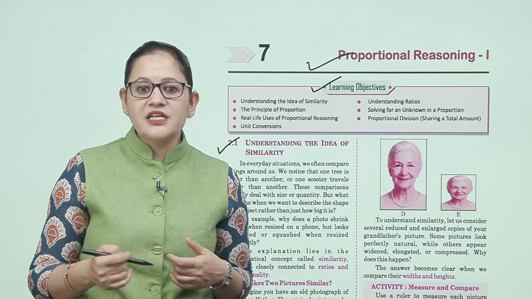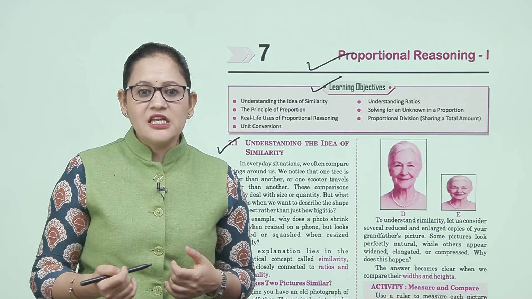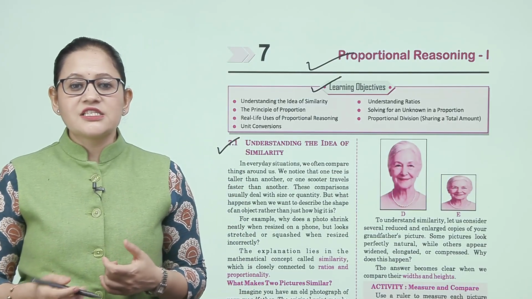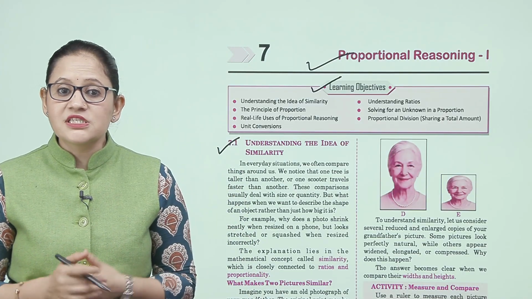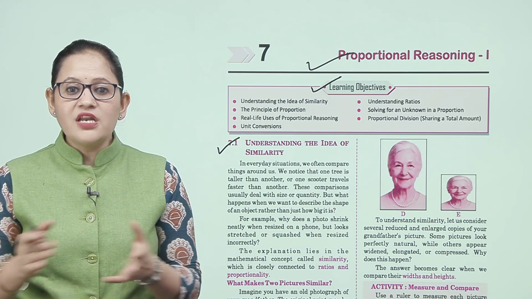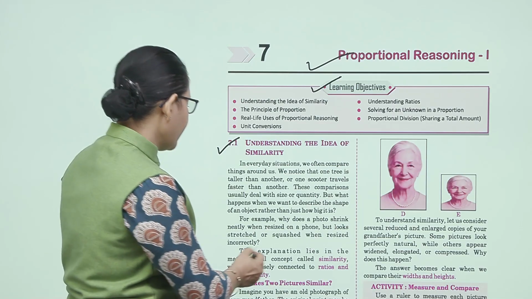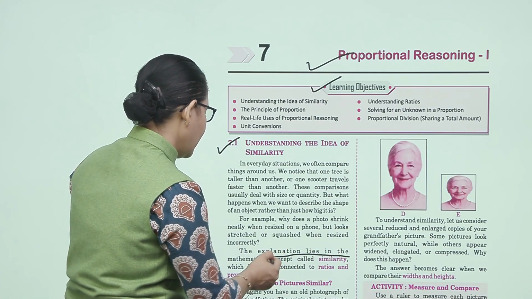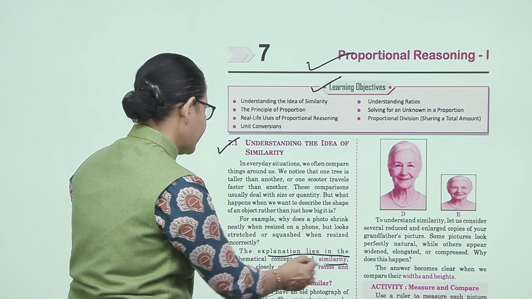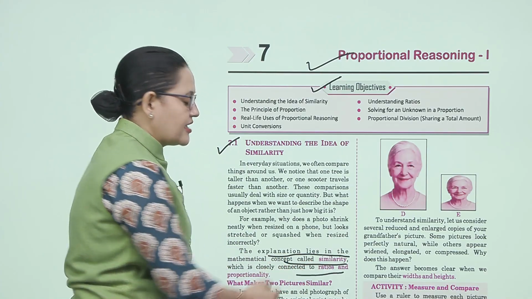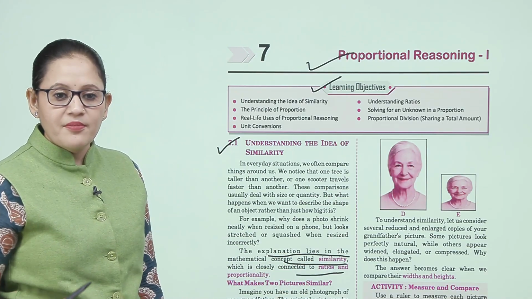For example, why does a photo shrink neatly when resized on the phone, but look stretched or squished when resized incorrectly? The explanation lies in the mathematical concept of similarity, which is closely connected to ratio and proportionality.